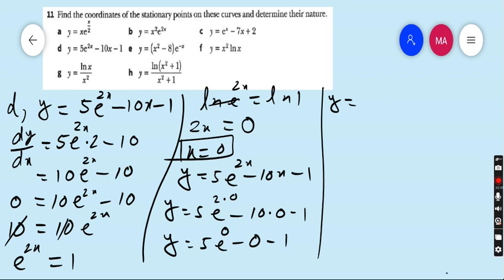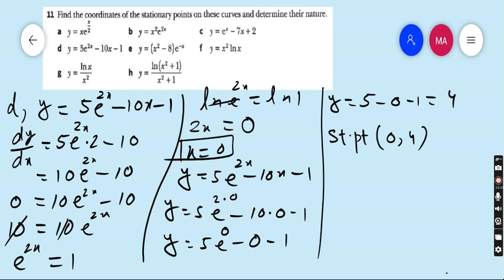Something to the power 0 is always 1, so it is 5 minus 0 minus 1. 5 minus 1 is 4. Hence the stationary point is x is 0, y is 4.